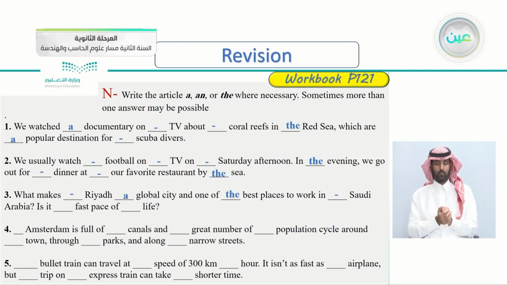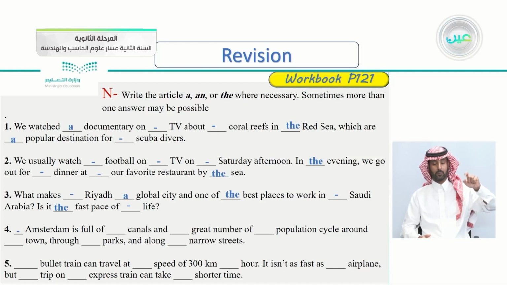Is it fast pace? Yes, is it the fast pace of, that's correct, of life? Number 4, Amsterdam is full of canals. So, yes, we put nothing here because Amsterdam is a city.